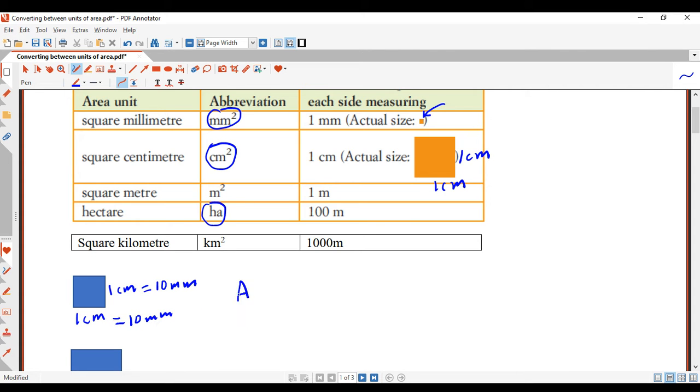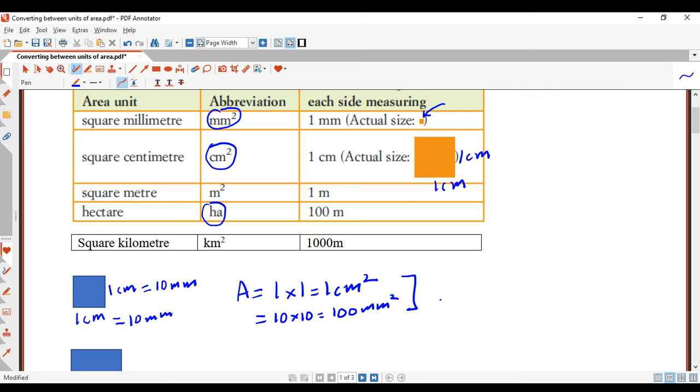So if we're working out the area of this square, we'd go base times height, which is 1 times 1, which is obviously 1 centimetre squared. And the other thing we could do, because we know that a centimetre is 10 millimetres, we could say the area of that square is also equal to 10 millimetres times 10 millimetres, which is 100 square millimetres.